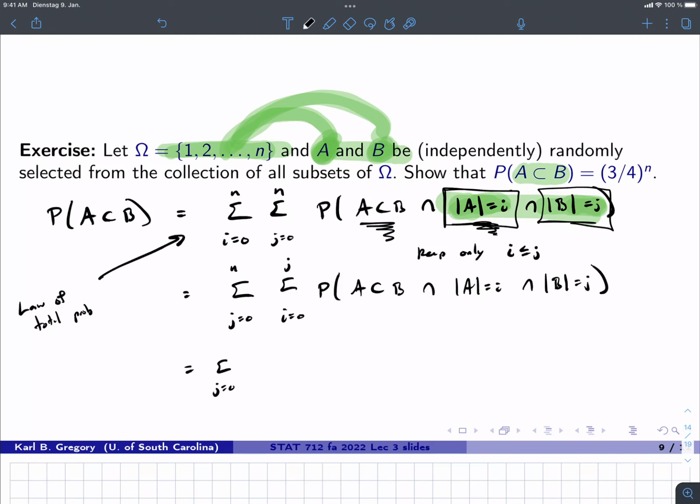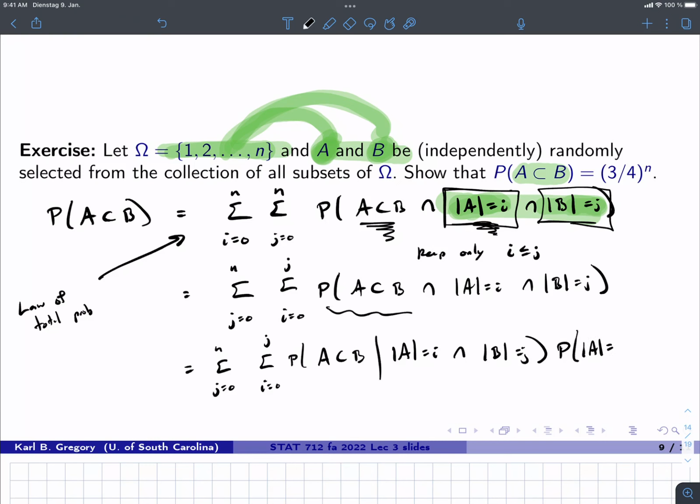I'm going to keep my sum here, and put the probability that A is contained in B given that the cardinality of my set A is I and the cardinality of my set B is J, times the probability of, remember I can write an intersection probability as the product of a conditional and an unconditional.